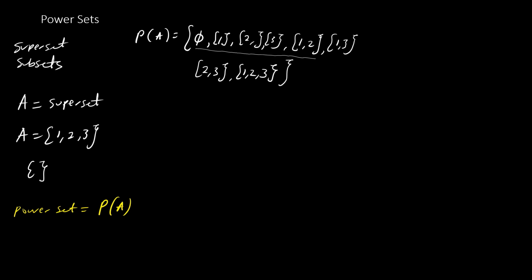The more elements we have in a set, the more difficult it will be to write out the power set. But to make it simpler and for you to track your progress, let's look at the formula. Note that the power set of set A is denoted as P of A. And the cardinality of set A, which is the number of elements in set A, is denoted as this.